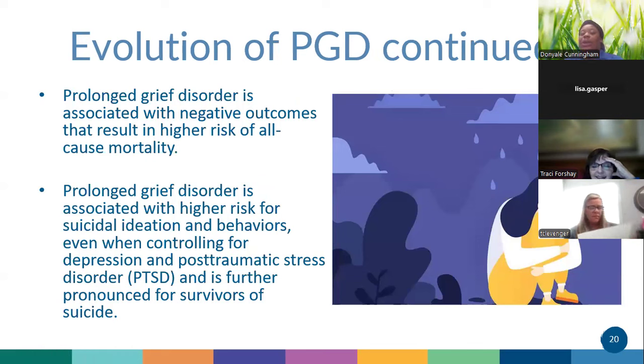So continuing on with the evolution of prolonged grief disorder, PGD is linked to negative outcomes and is associated with an increased risk of all-cause mortality, meaning a higher likelihood of death from any cause. This is due to the significant psychological and physical impacts that prolonged grief disorder can have on individuals' health.